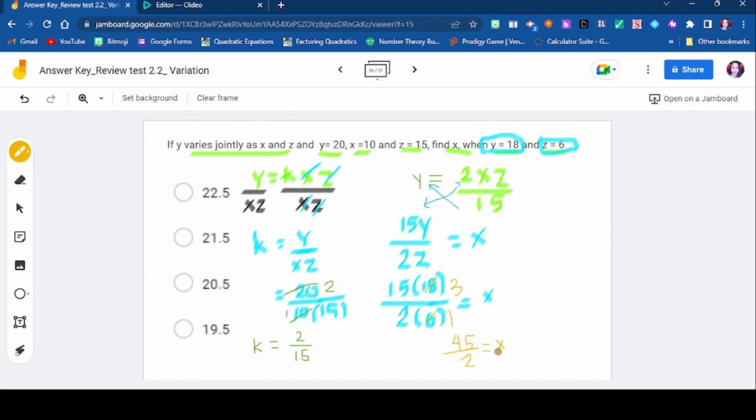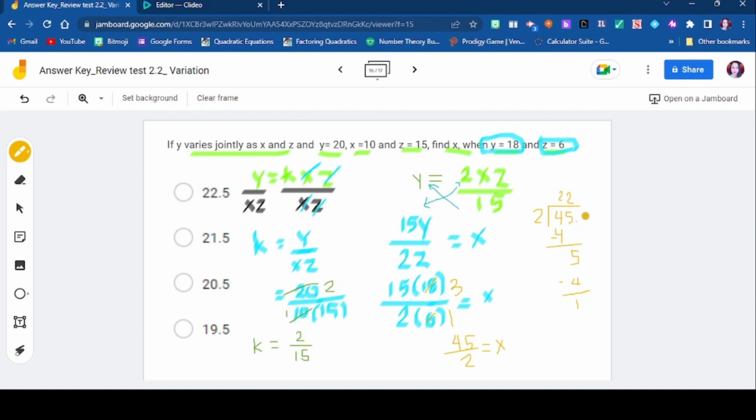Now we need to divide 45 by 2 since the choices are decimals. So 4 divided by 2 is 2. 2 times 2 is 4. Then subtract and bring down 5. 5 divided by 2 is 2. 2 times 2 is 4. 5 minus 4 is 1.